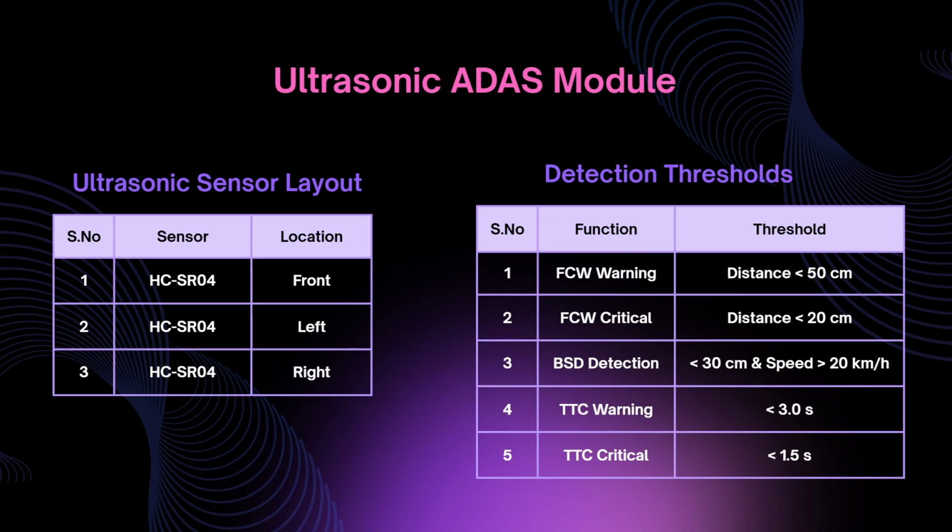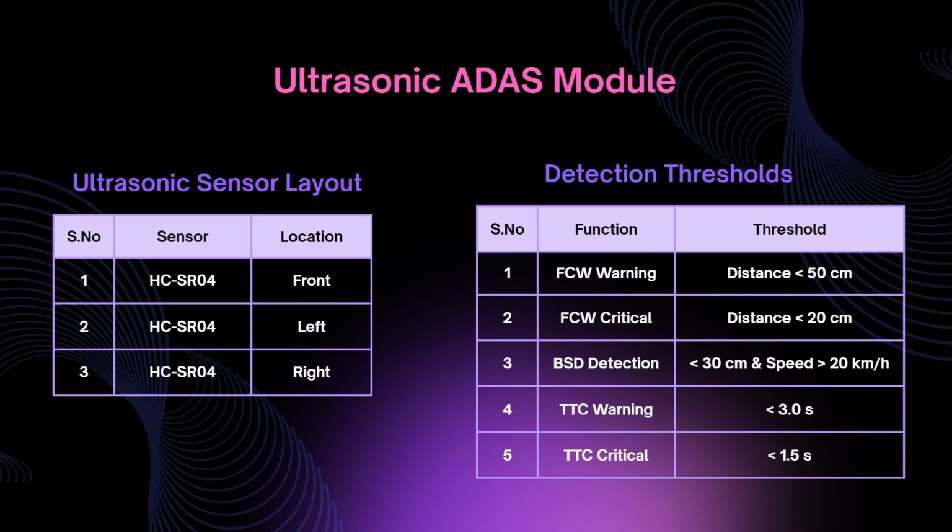These sensors constantly measure the nearby obstacles or vehicles in our case. Looking at the detection threshold, FCW warning is generated when an obstacle is detected by the front ultrasonic sensor and the distance is less than 50 centimeter. The detection becomes FCW critical when the distance is less than 20 centimeter.